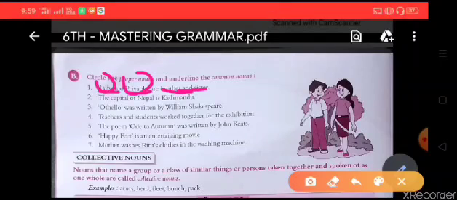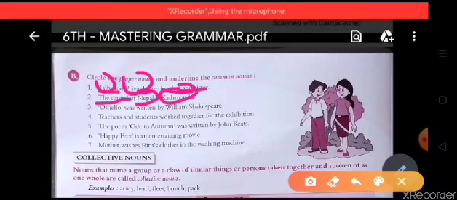Second, the capital of Nepal is Kathmandu. Here the capital is a common noun, and Nepal and Kathmandu are proper nouns.